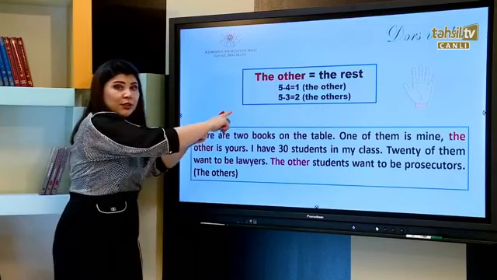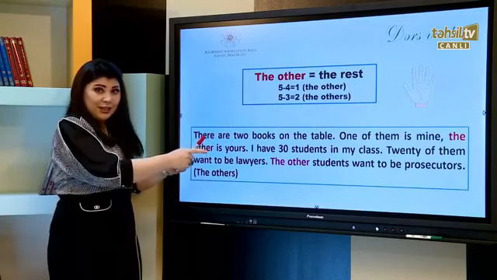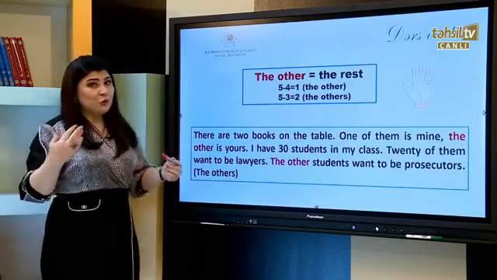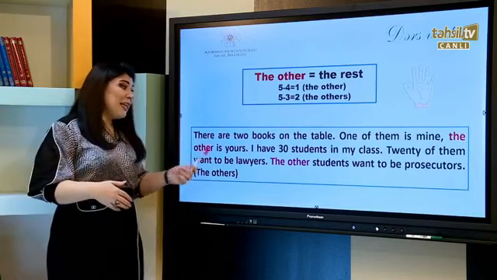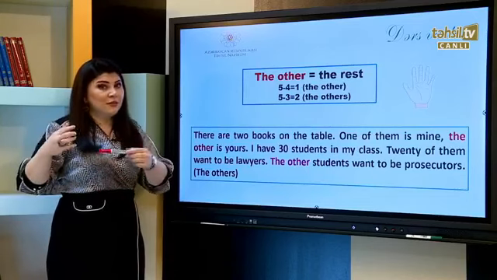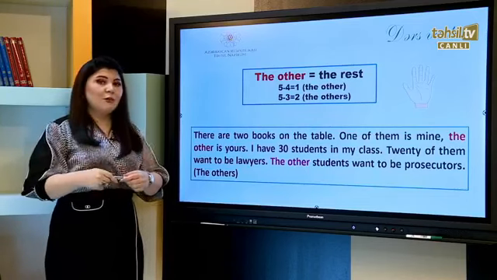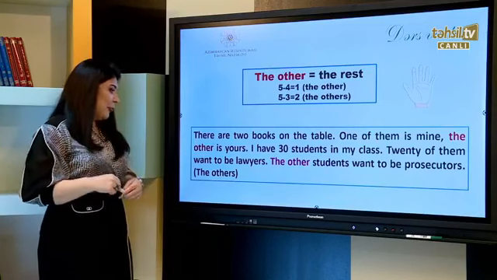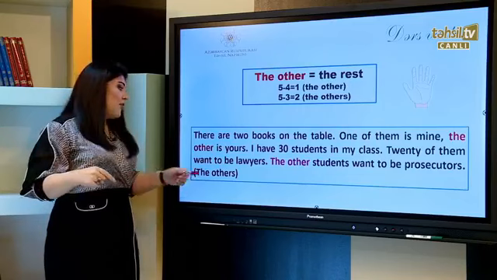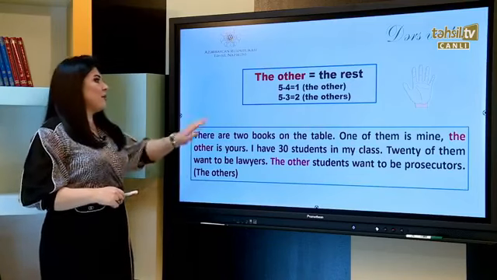Because I have used out of this context. Is it clear? Out of 30 students, 20 want to be lawyers, and the other students, I mean the remaining 10 students, want to be prosecutors. Or we can say the other students or the others, okay? The others, well.